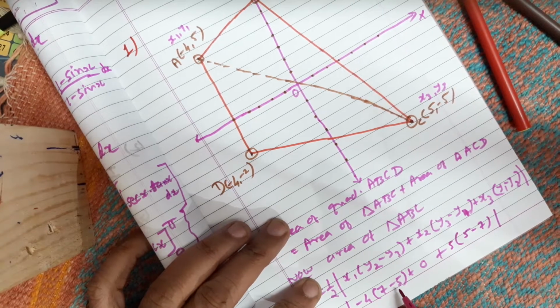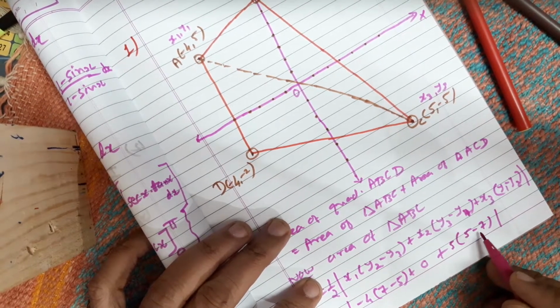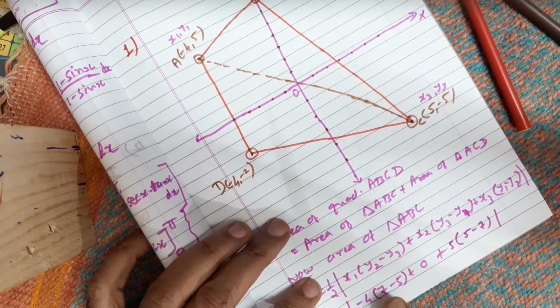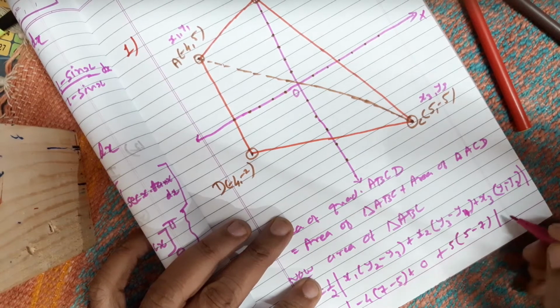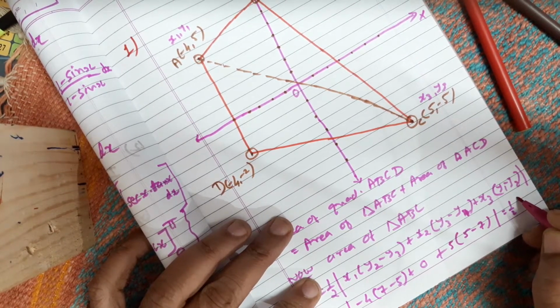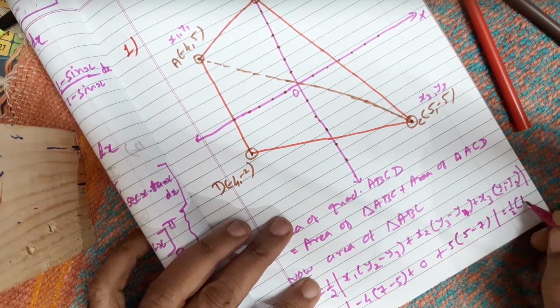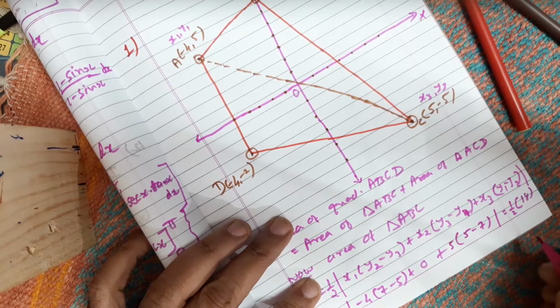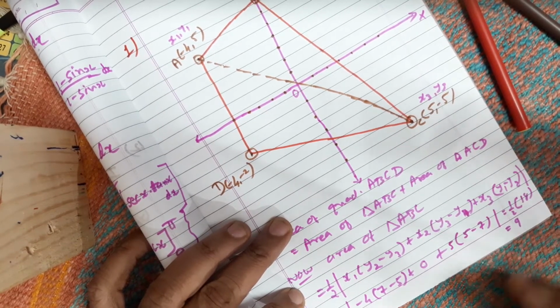So this is minus 8. Okay, and this is minus 2, times 5 is minus 10. So minus 8 minus 10, so it is minus 18. So half into minus 18, but because it is modulus, it will become 18. Okay, and so finally the answer is 9.